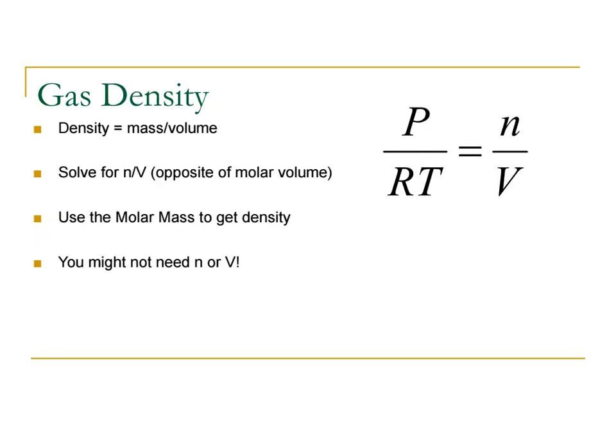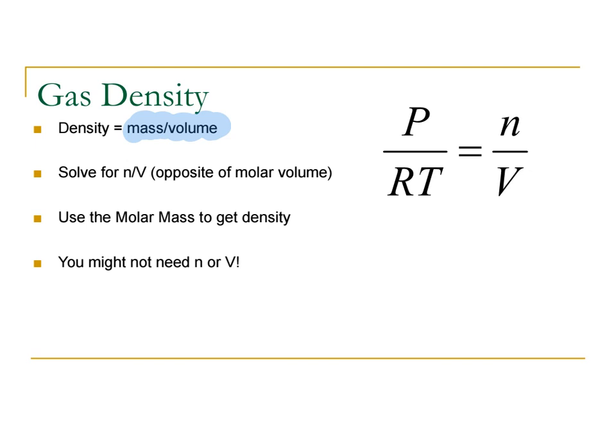Here's where things might start to get a little confusing. This is for gas density. And to take you way back to the beginning of the year, what does density mean? It's how much mass you can compact in an amount of volume. So it was simply the mass divided by the volume.